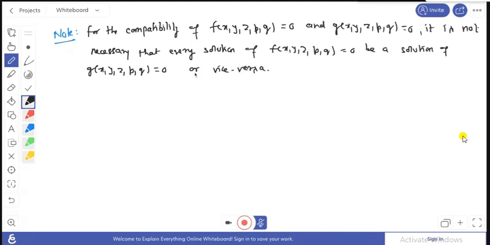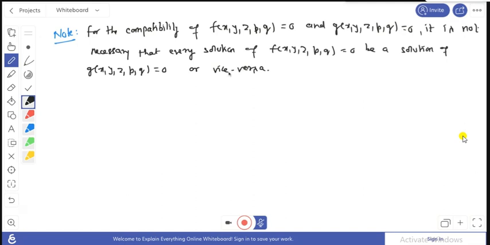Compatibility means that if there is a common solution, even one common solution, then these two are compatible.